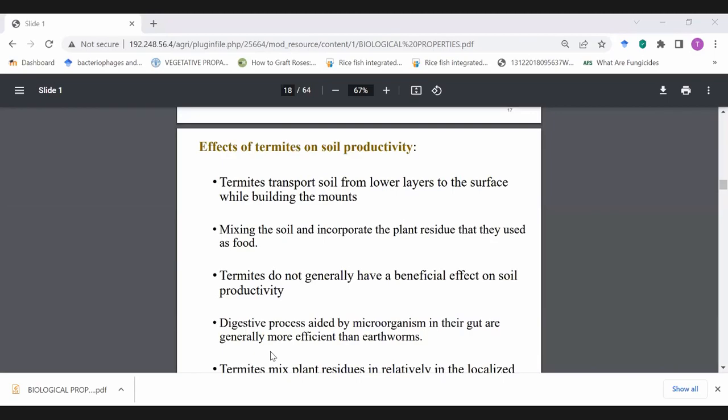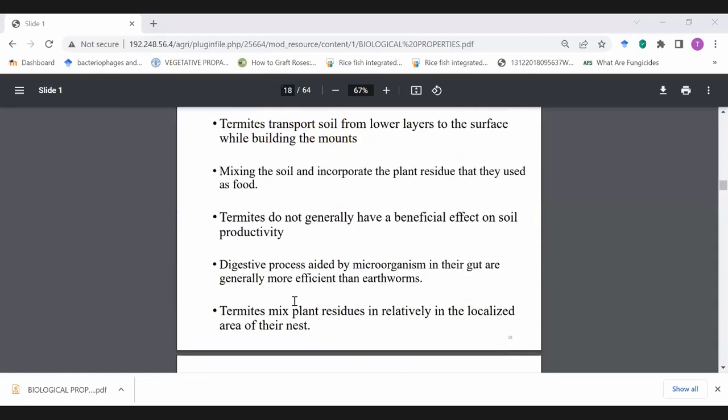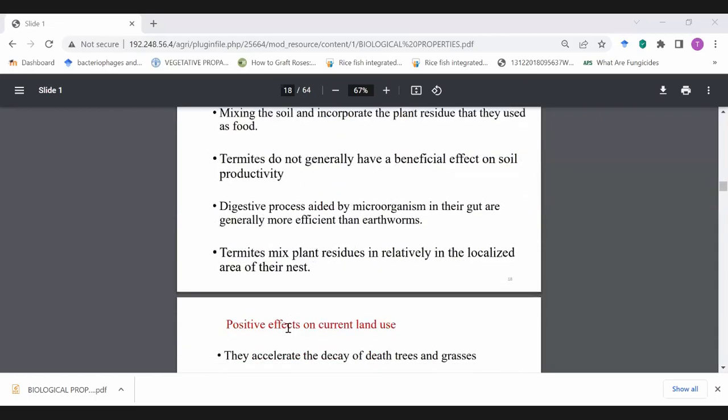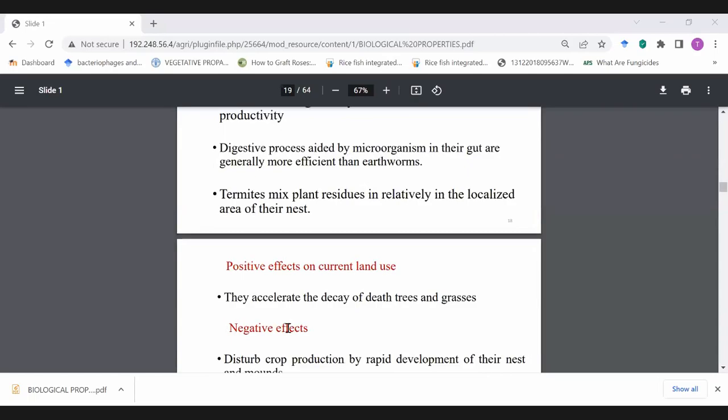So while building these mounds, they mix the soil with these plant residues, and they don't generally have a beneficial effect on soil productivity, but the digestive process aided by the microorganisms in their gut is generally more efficient than that of earthworms. And termites mix plant residues in a relatively localized area of the nest.